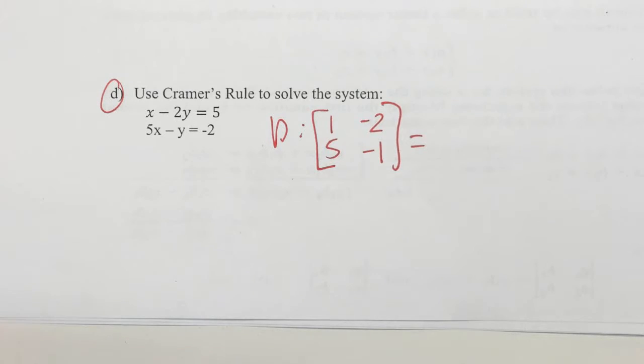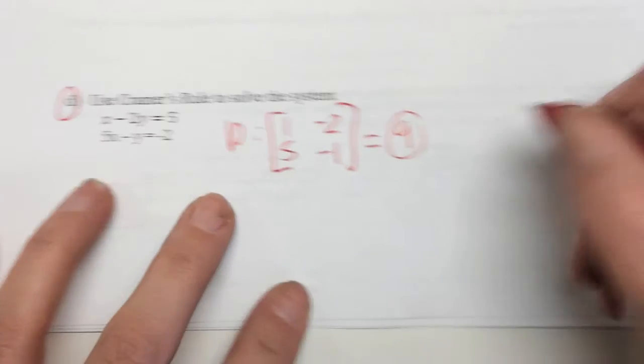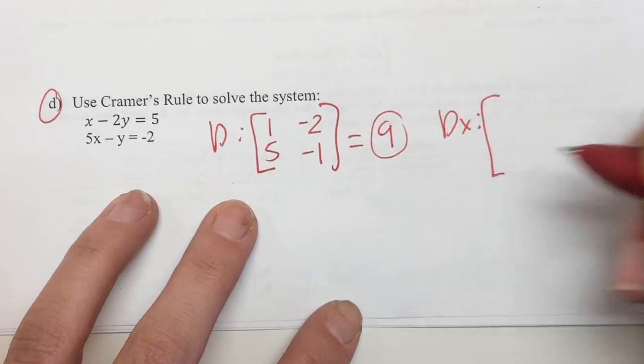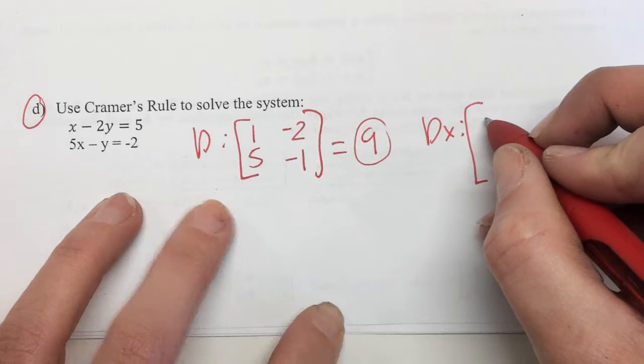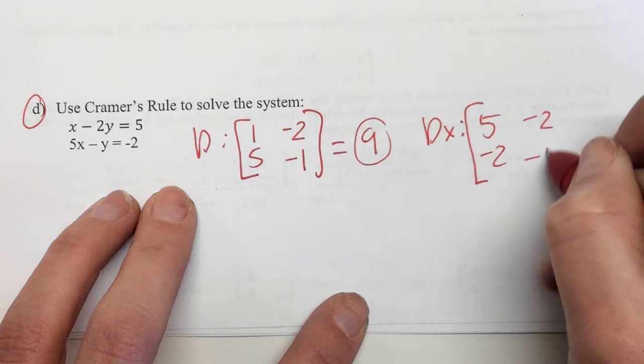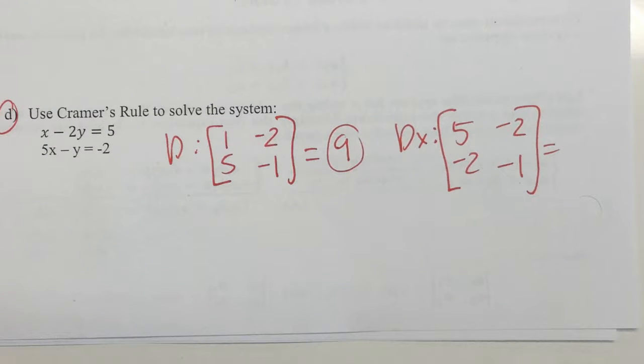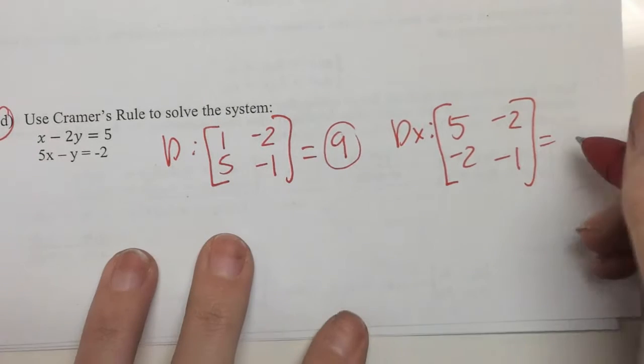I got 9. Very good. Do I need to go over that? Alright. D of x. Tell me the numbers in our matrix. Very good. Go ahead and find the determinant. Very good. I got negative 9 as well.